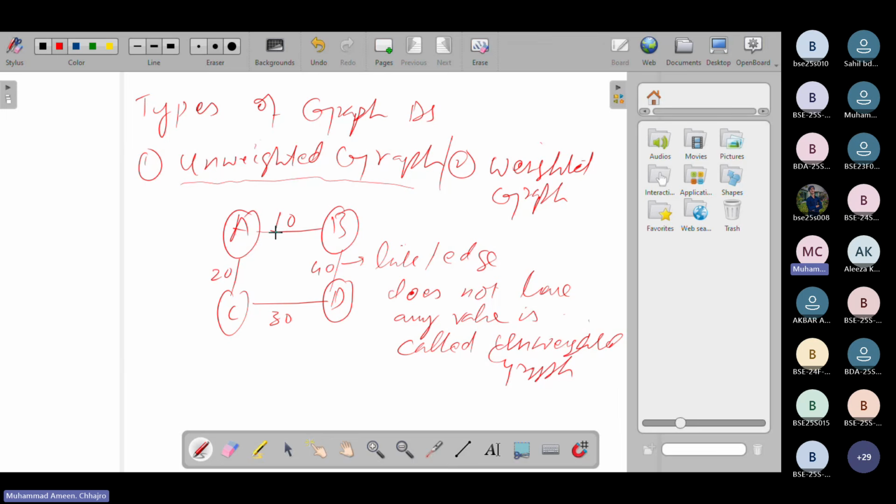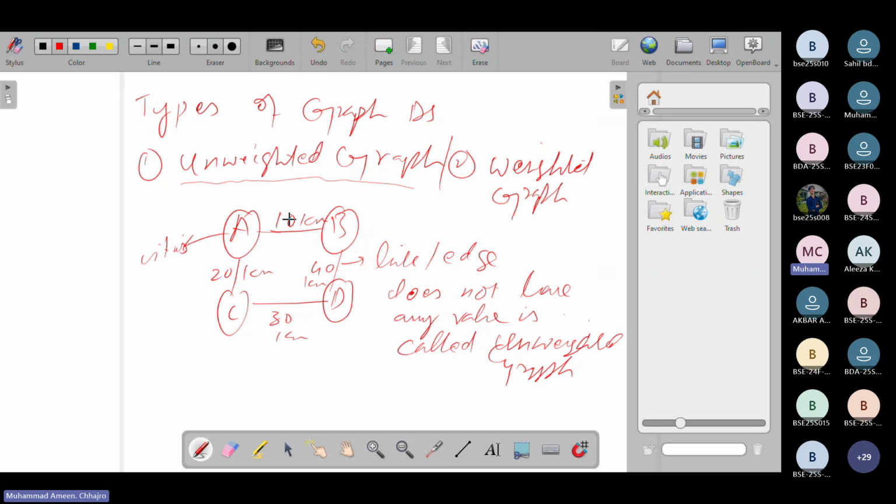So if we assign values to the edges and links of a graph, for example, if these nodes are representing different cities, and the cities are connected to each other with certain distances, 20 kilometers, 10 kilometers, 40 kilometers, or maybe 30 kilometers. So these distance values we are assigning to the links or the edges. If we have such a structure, then we call this a weighted graph.